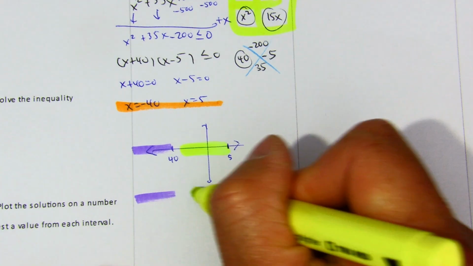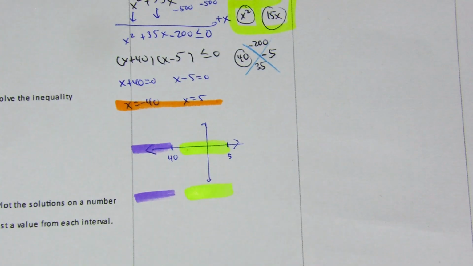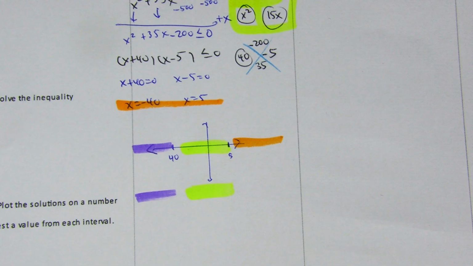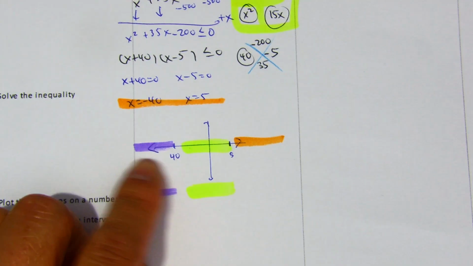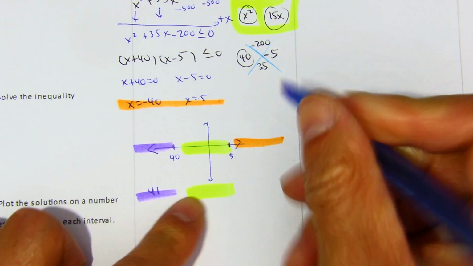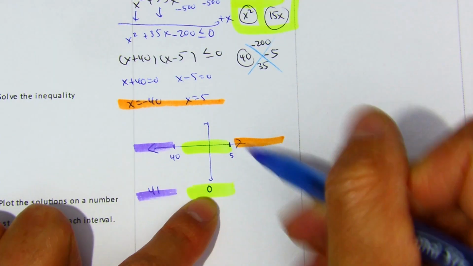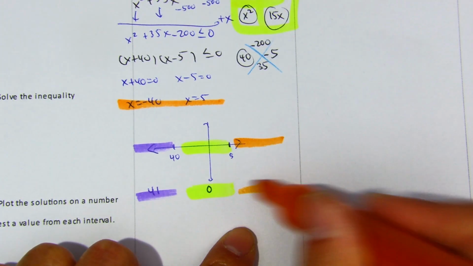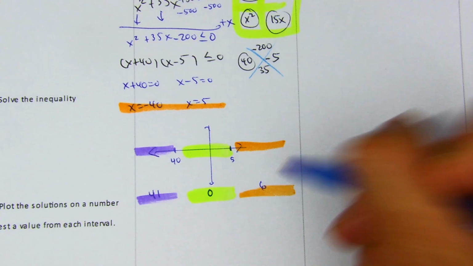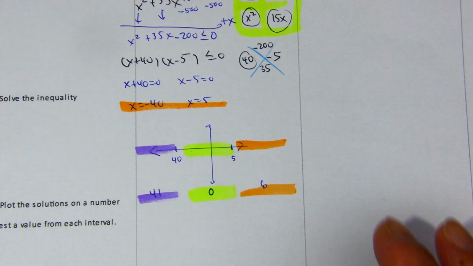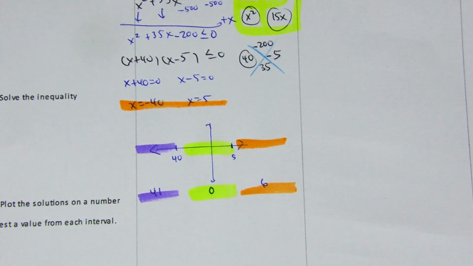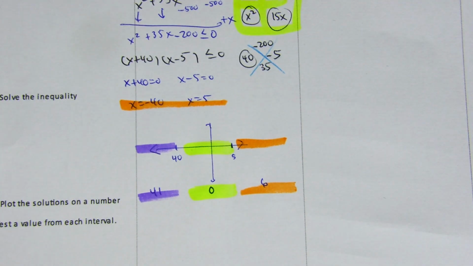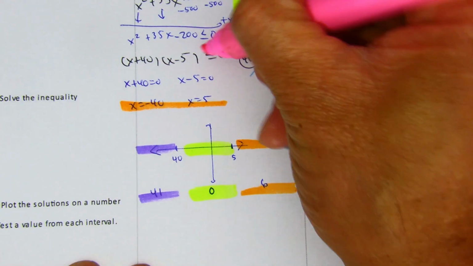So you're picking numbers inside these regions. Remember, do not pick those exact numbers. So say you pick 41. I'm going to pick 0. And in orange, I'm probably going to pick 6. And then when I put in the number, I am testing whether it is less than or equal to 0.